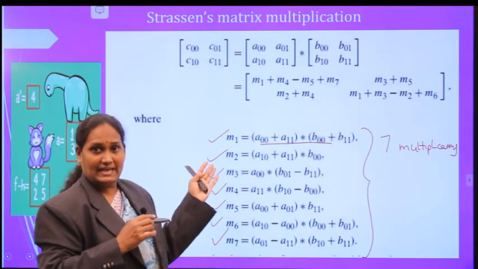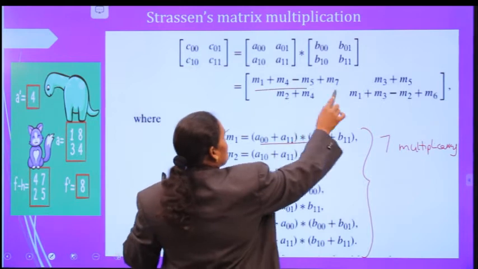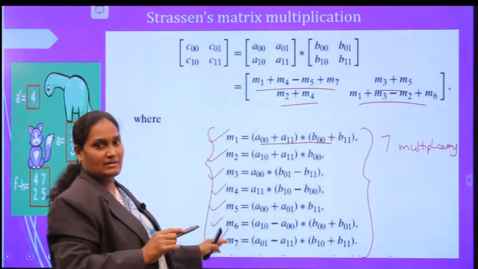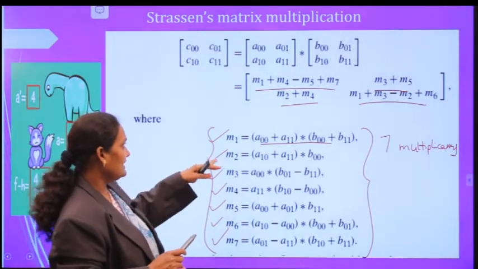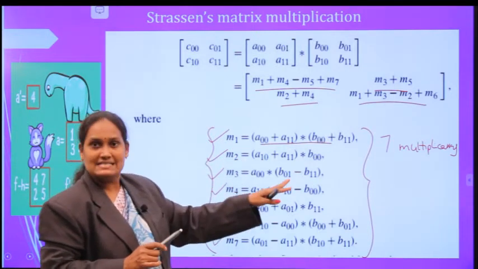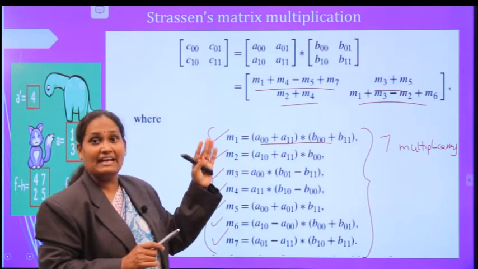If you do this process by adding or subtracting all these elements, you will get the resultant matrix. Even though it may contain more additions or subtractions, it contains only 7 multiplications. But your general matrix multiplication contains 8 multiplications.